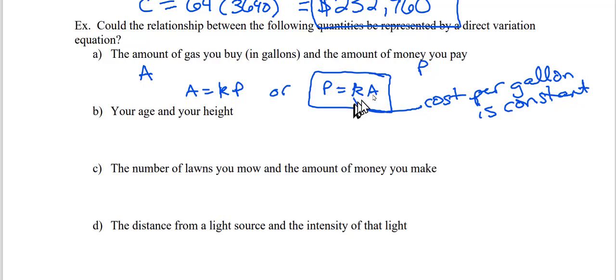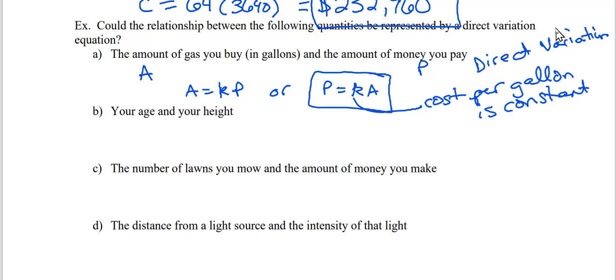The cost per gallon times the number of gallons you buy will tell you the total amount of money you pay. So we can use this relationship where we have that K being the cost per gallon, and so we would say this is direct variation.